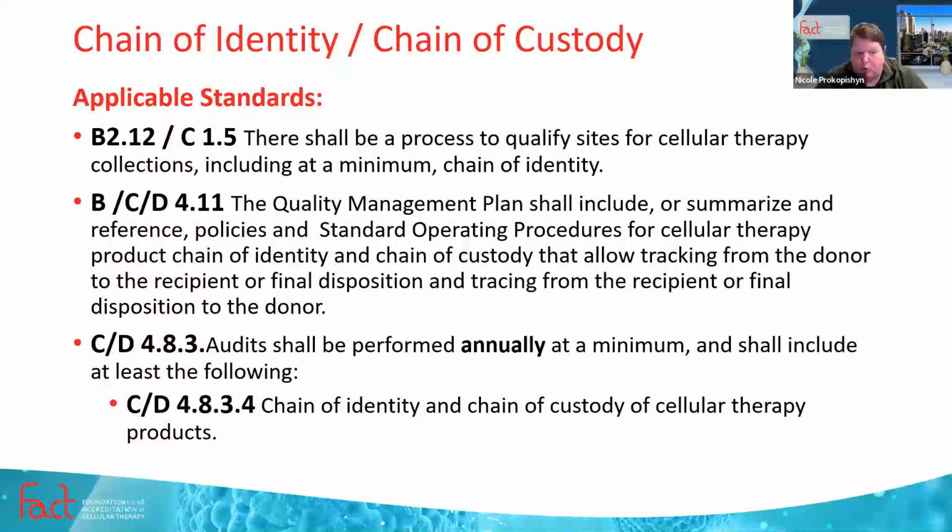There's portions of the quality management plan where you want to make sure that you have a very clear definition and process and standard operating procedures in place to ensure both chain of identity and custody allow for tracking from donor to the recipient to the final disposition of that product. And then, of course, with that, it's really important to do annual auditing at a minimum to ensure that the appropriate chain of identity and custody is being followed with those products.